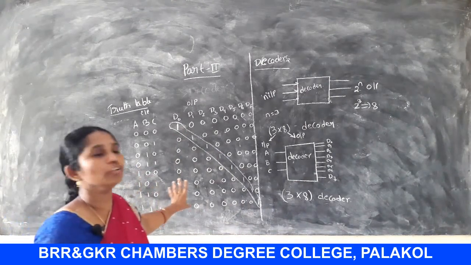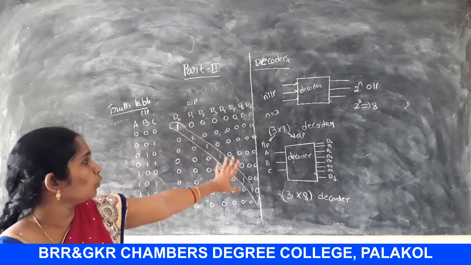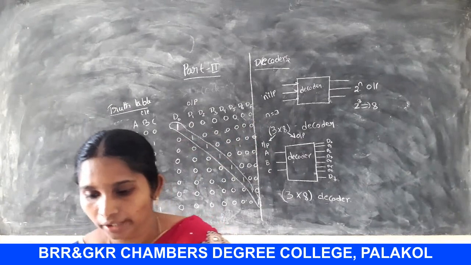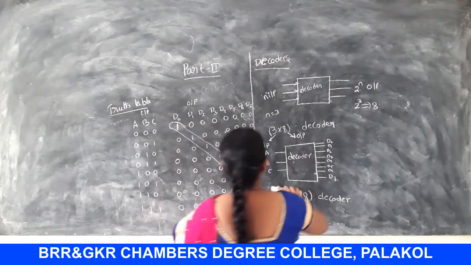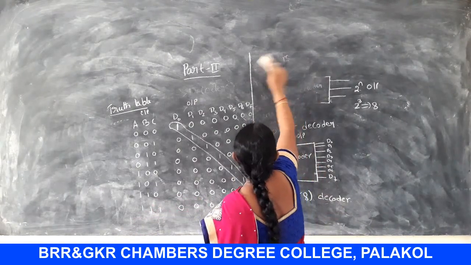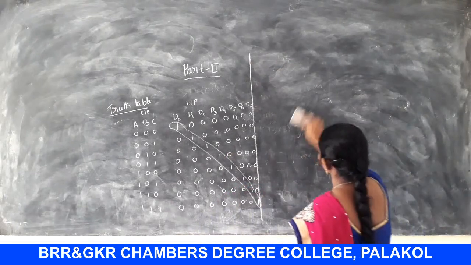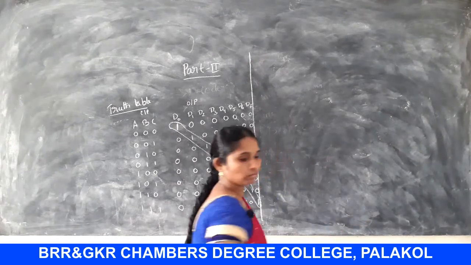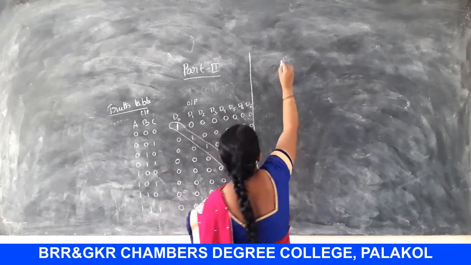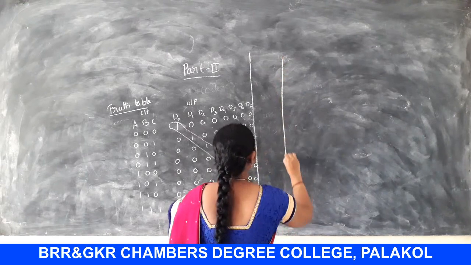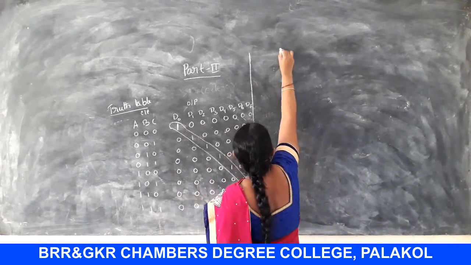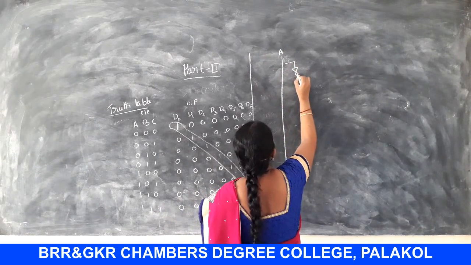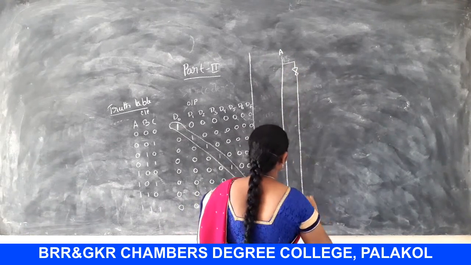Now we will draw the circuit diagram, the logic diagram, for this. The inputs are A, and here A bar, which is a NOT gate.